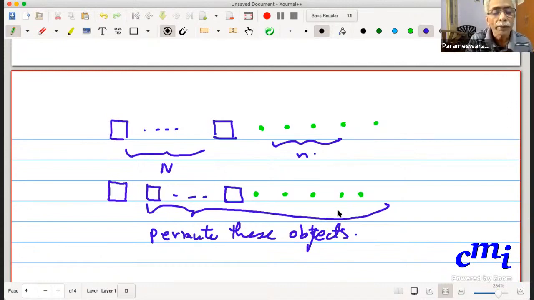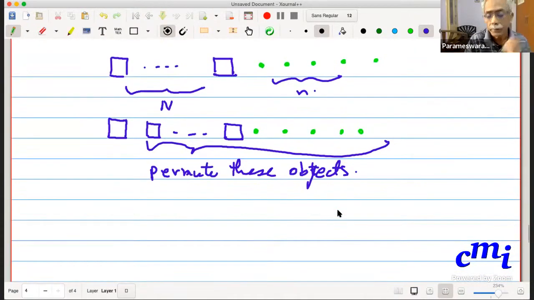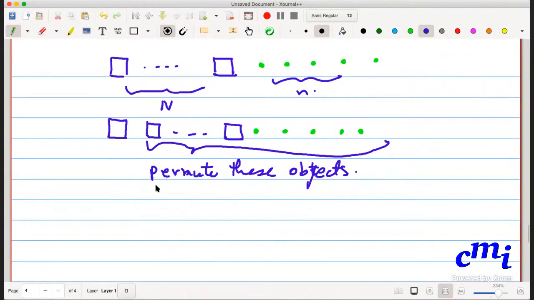Then you will get some pattern. And when you get this pattern, you put the particles into the box which is to the left of them.